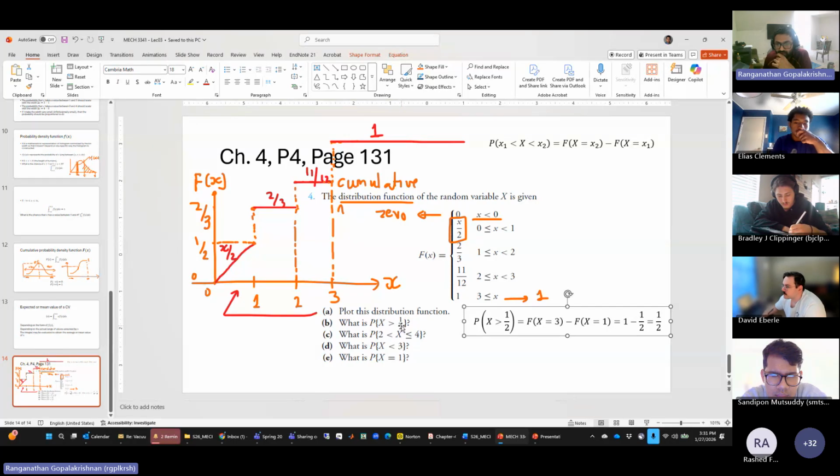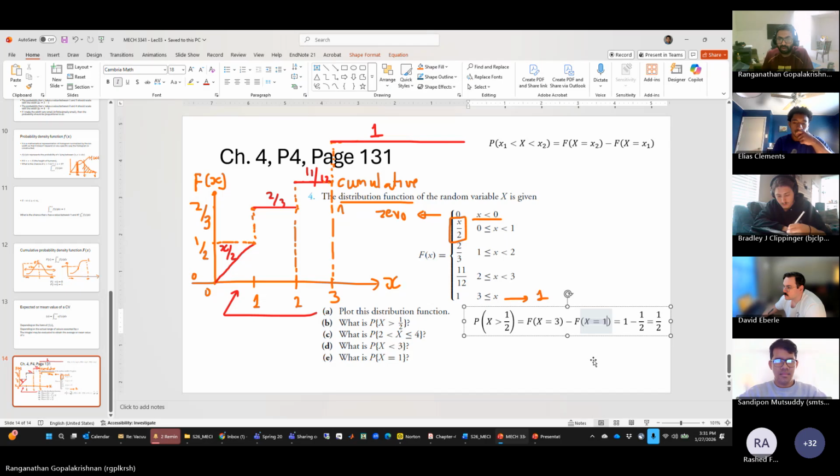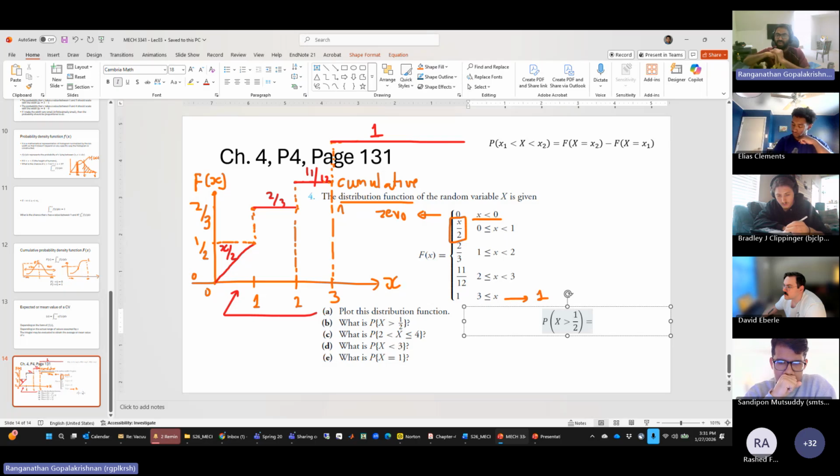Oh, wait. Sorry, this is mistaken. Okay, let me rewrite this. Probability of x greater than 1/2. Can I write this as 1 minus the probability of x less than or equal to 1/2?